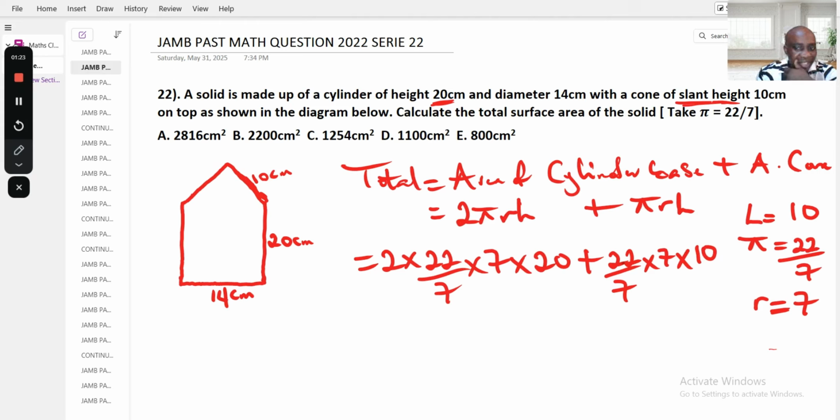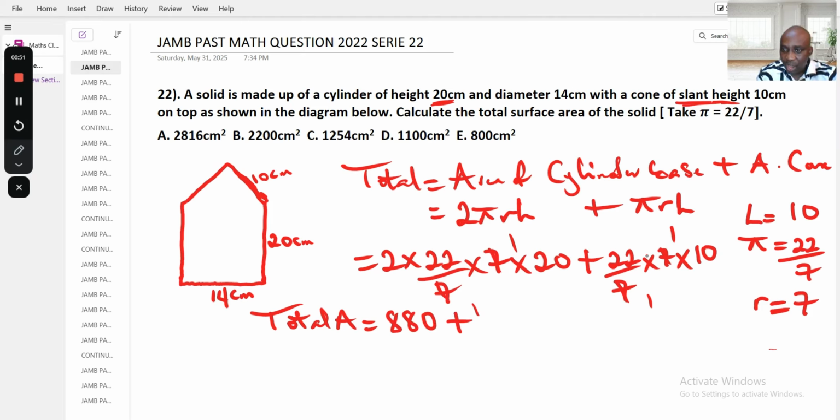Now let's divide. We have 7 as denominator down. 7 here 1, 7 here 1. What do we have left? Total area equals 2 times 22, which gives us 44. 44 times 20 is going to give us 880.